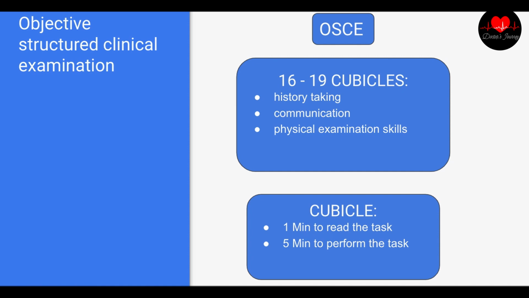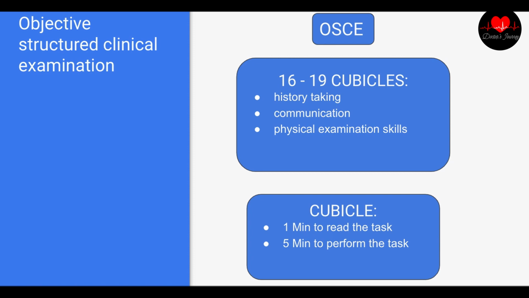Let's say I've got cubicle number one, where I'll be given 1 minute to read the question, understand the task, and keep in mind what I have to do after getting into the cubicle. I now know the task which I need to perform. I enter the cubicle and I'll be given 5 minutes to perform the task which has been asked outside. It might just be history taking.